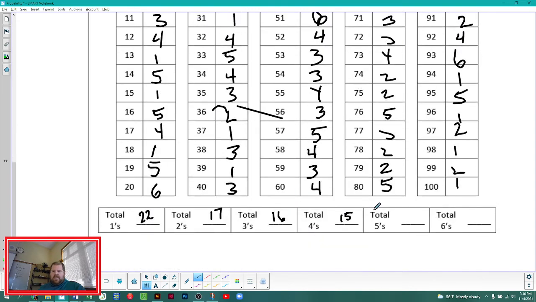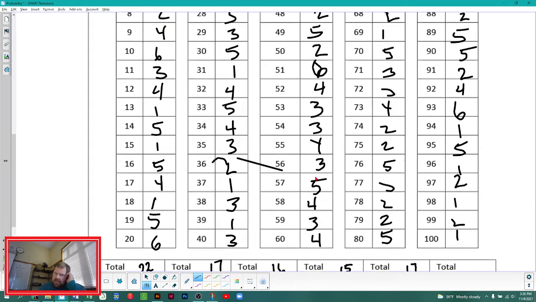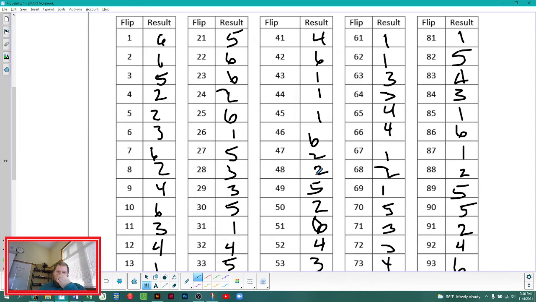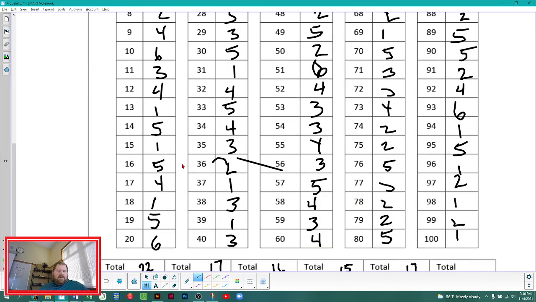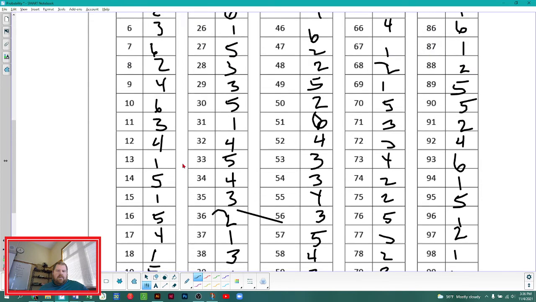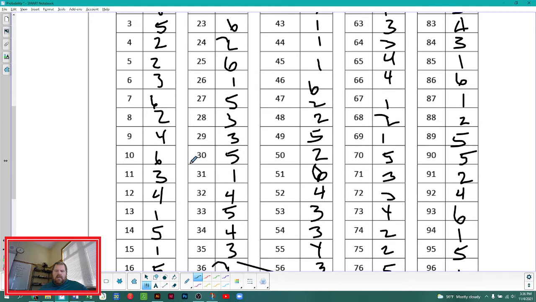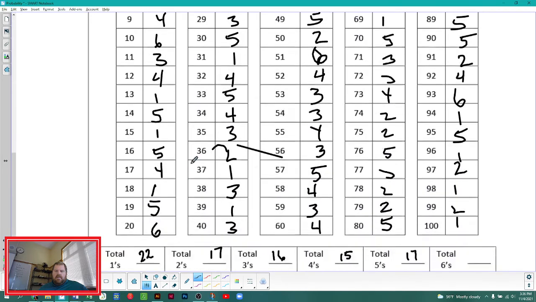I had 17 fives. And then the sixes. I don't feel like I had very many. But maybe I did. 1, 2, 3, 4, 5, 6, 7, 8, 9, 10.